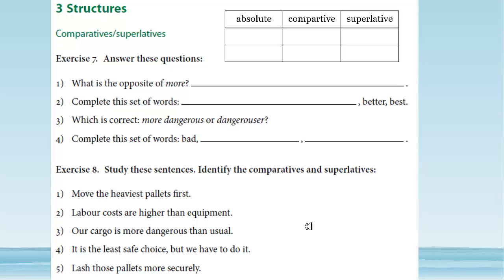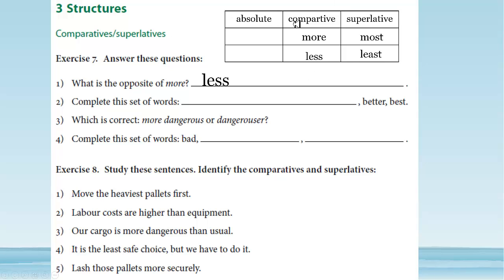So, exercise 7, what is the opposite of more? Of course, that's less. More of something, you have less of something. But those two, more and less, are the comparative form. And then the superlative, when you want to say, yes, I have more, but he has the most, and I have less, but she has the least.